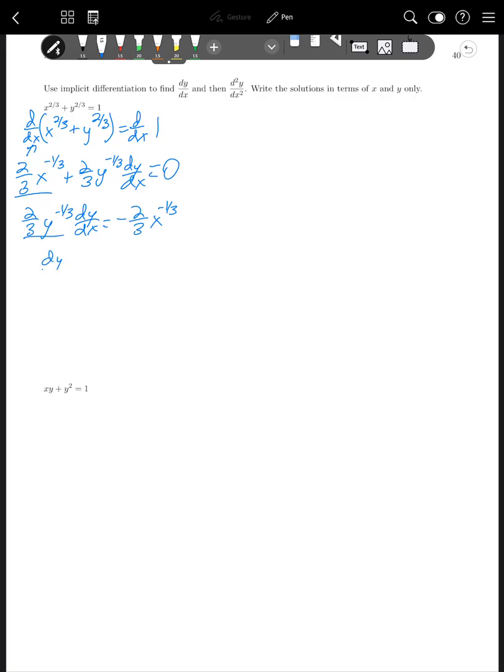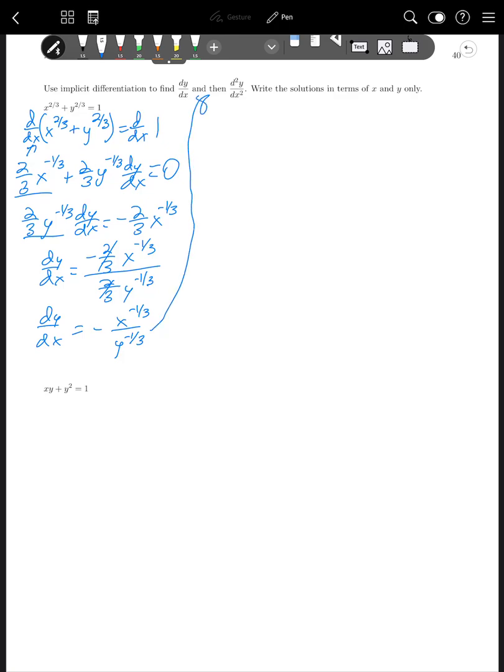So we get dy/dx equals negative 2/3 x to the negative 1/3 divided by 2/3 y to the negative 1/3, and then the 2/3 cancel. So dy/dx is negative x to the negative 1/3 over y to the negative 1/3. Okay, so now that we've done that, go ahead and find the second derivative, right? So we'll come up here and we'll take the derivative of both sides again.